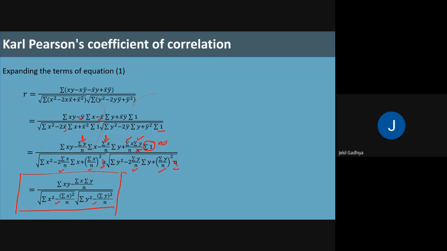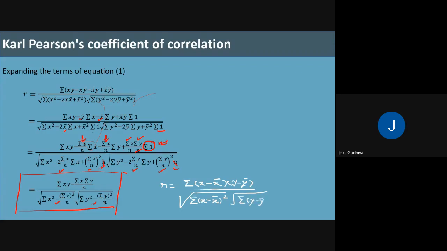So what is the difference between the previous formula and this formula? The previous formula is R equal to summation x minus x bar, y minus y bar, over square root of summation x minus x bar whole square, square root of summation y minus y bar whole square.